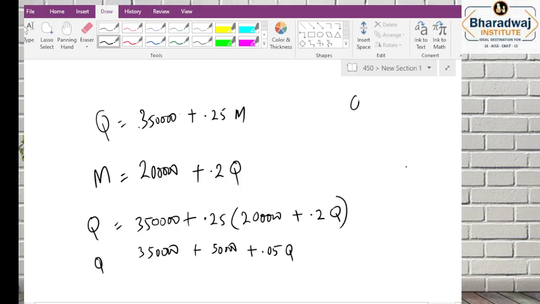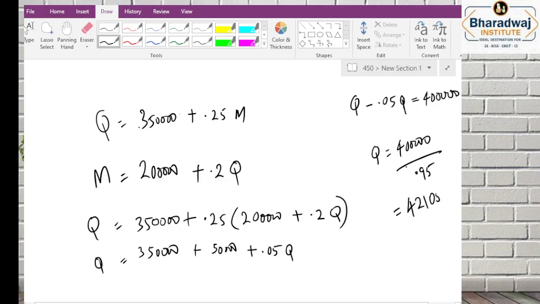So when you solve, Q minus 0.05 Q, divided by 0.95. 350,000 plus 50,000. So Q is equal to 4 lakhs divided by 0.95. How much do you get? 421,052.5.